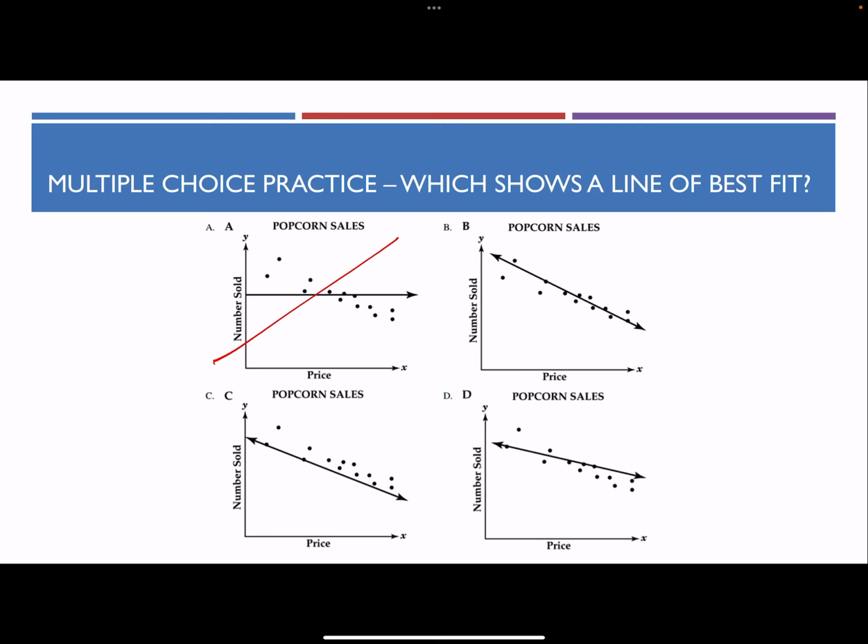If I look at D, the line goes through some points, but doesn't really follow the pattern of all the points. It doesn't really have half of the points above and half below. It doesn't go through the middle of the points. And the same with C. It has 2 points on the line, but then all the other points are above it. So hopefully you could tell B should be the line of best fit.